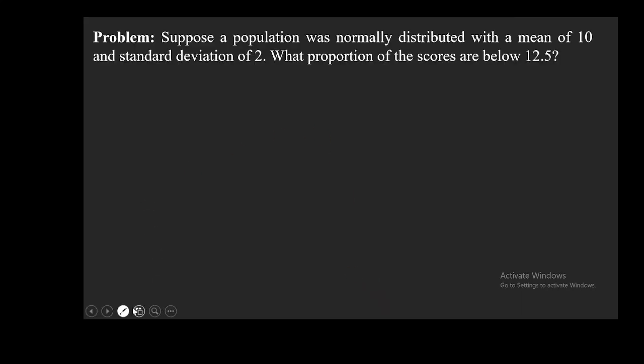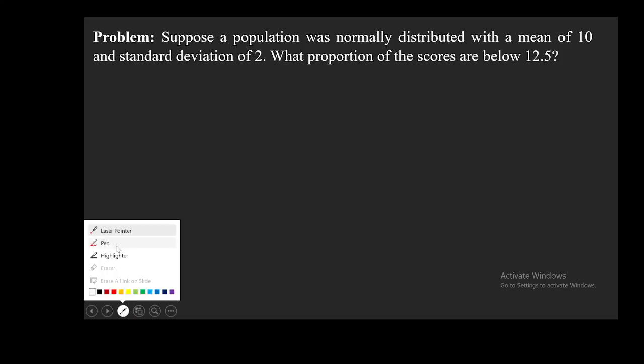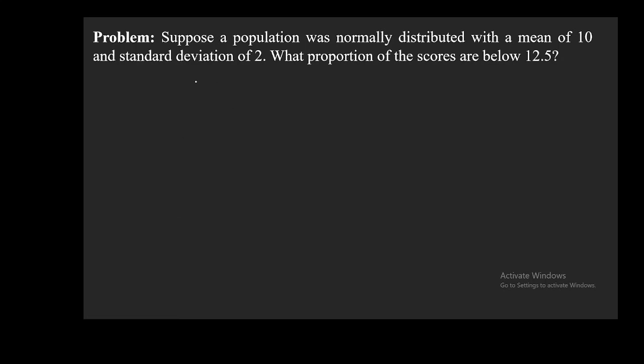Now with this note, can you calculate this problem? Suppose the population was normally distributed with a mean of 10 and a standard deviation of 2. What proportion of the scores are below 12.5? You can calculate the z-score as x minus mu divided by sigma. The value of x is 12.5, the mean is 10, and the standard deviation is 2.